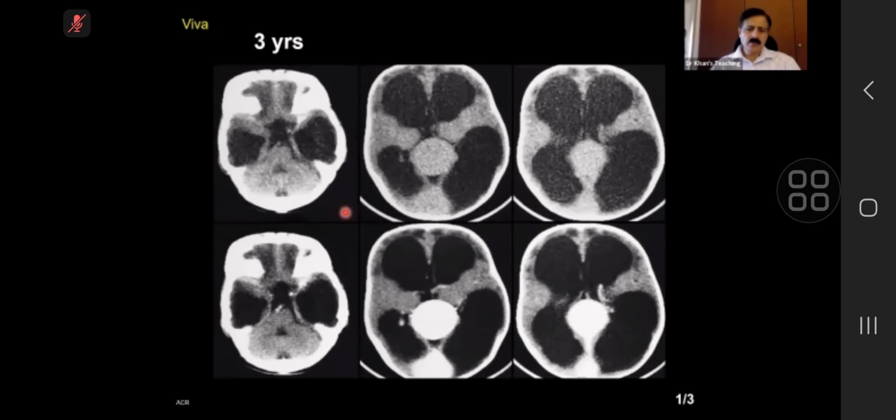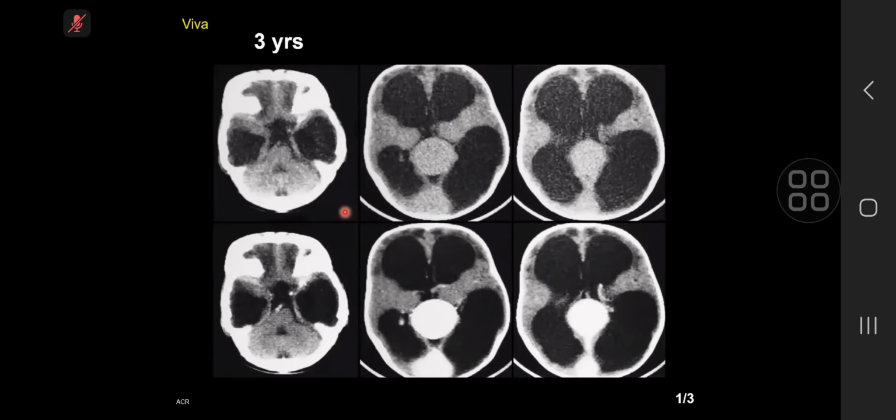Yes, please. So these are selected unenhanced and post-contrast images of a CT head in a 3-year-old patient. On the post-contrast, there is a circular vascular density between both ventricles, where I would expect the vein of Galen to lie.